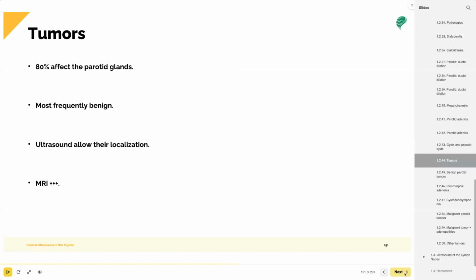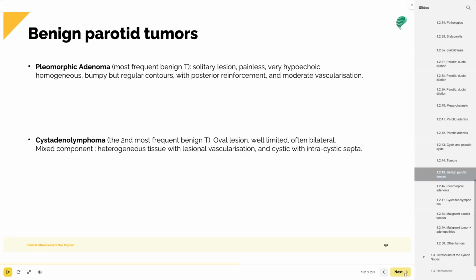80% of the tumors affect the parotid glands, more frequently benign than malignant. An ultrasound allows for their localization. If further observation or further imaging is needed, an MRI would be considered.